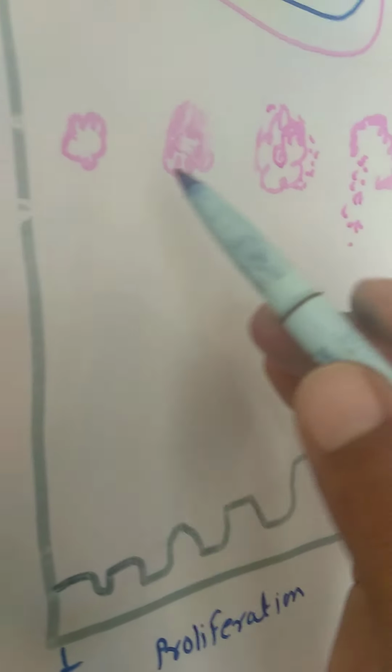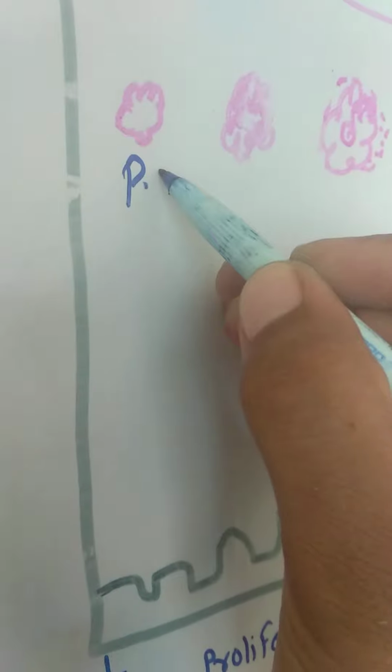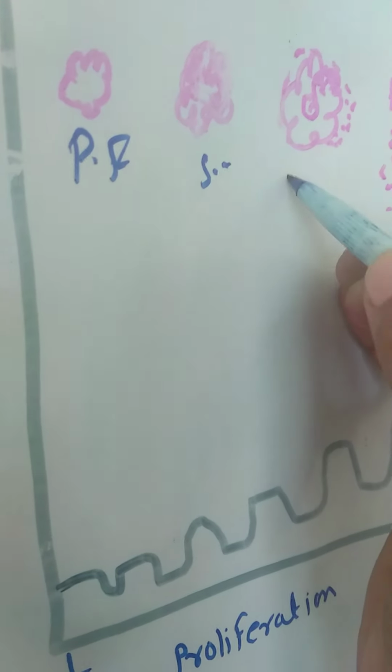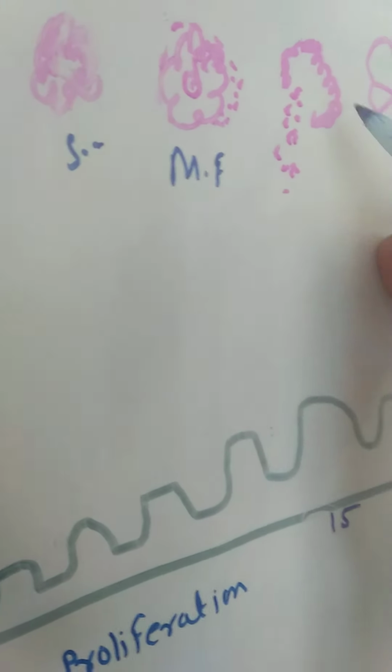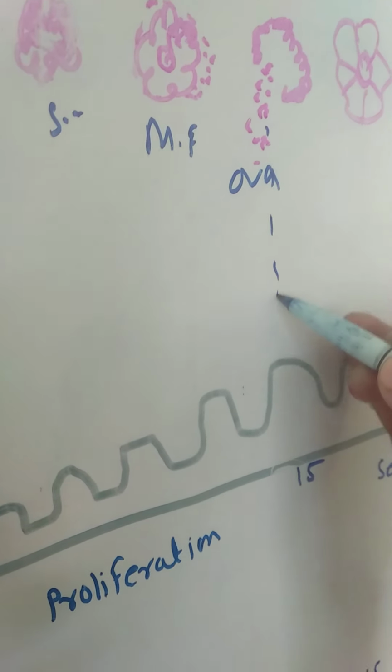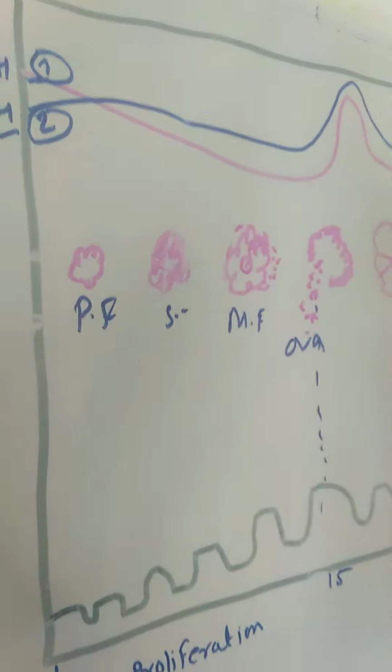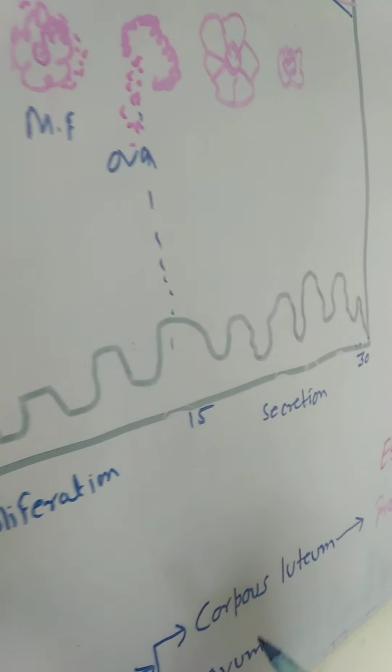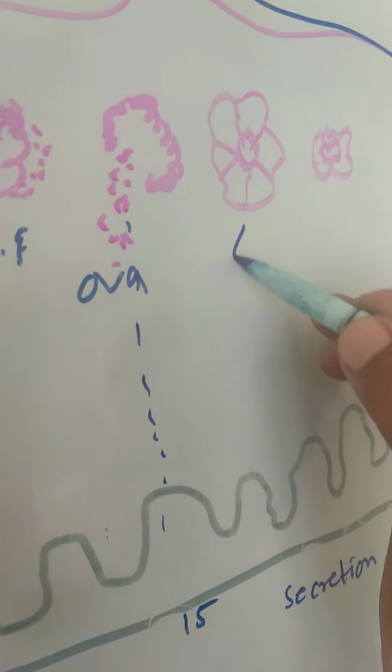See here the diagram I have prepared. This is the primary follicle, secondary follicle, mature follicle, and then release of the ovum. Students, so on the 15th day you can draw this graph. After that comes the corpus luteum.